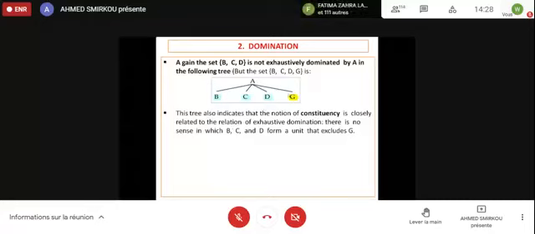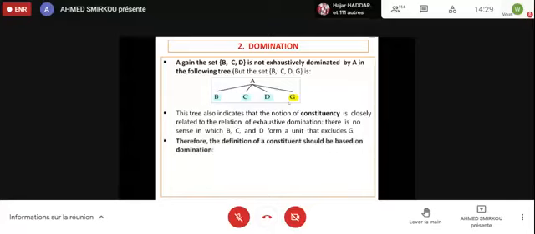If you satisfy exhaustive domination, it means there is a constituent. The whole is a constituent, but when you exclude one of them, it's like you break down that constituent. In that case, you will not have exhaustive domination. So they go hand in hand.